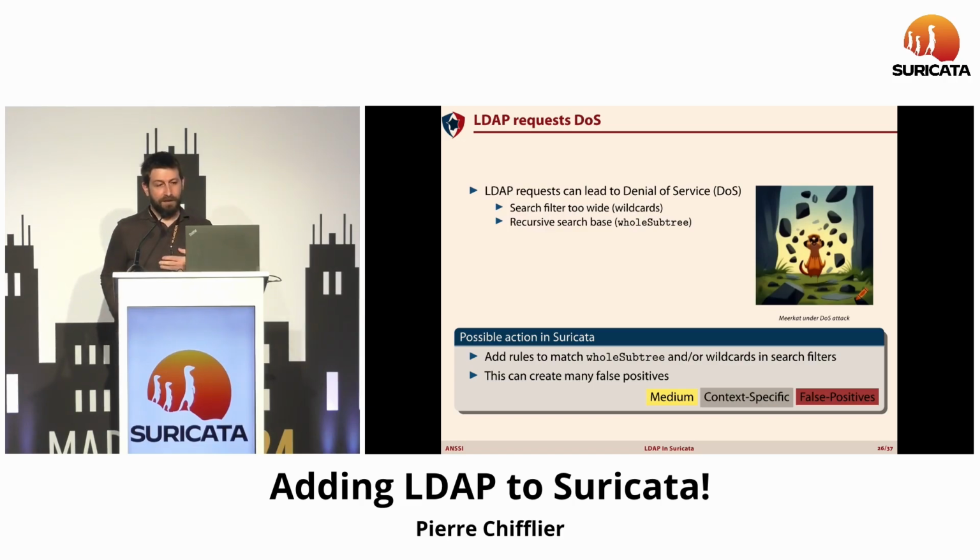So it might be interesting to detect some specific attributes on the search, like for example the whole subtree attribute, which just tells I want to dump the entire subtree of the request. This is not something that applications should do. But hey, we are in the real world, so of course many applications use the whole subtree thing because they are badly coded. So yeah, lots of false positives again.